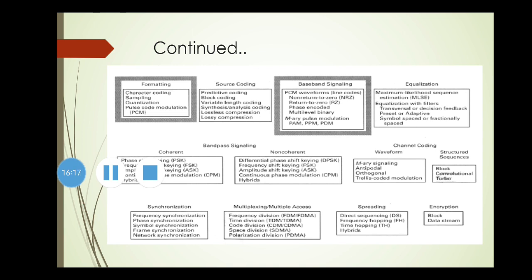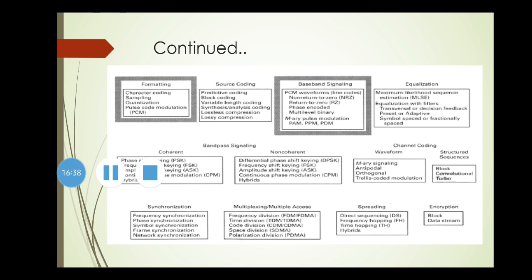Moving on, we are going to source code it by making use of some lossy compression methods and lossless compression methods or block coding methods, and move on to the baseband signaling waveforms or pulse code modulated waveforms which are generated from the formatting section.